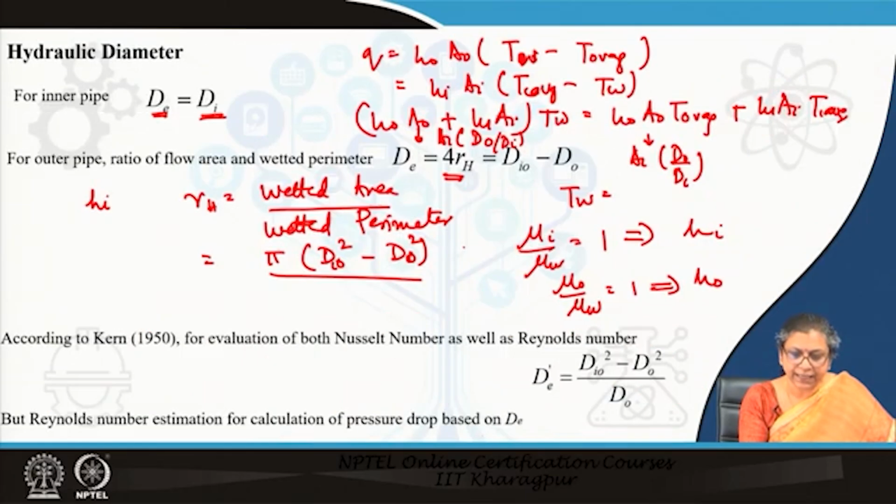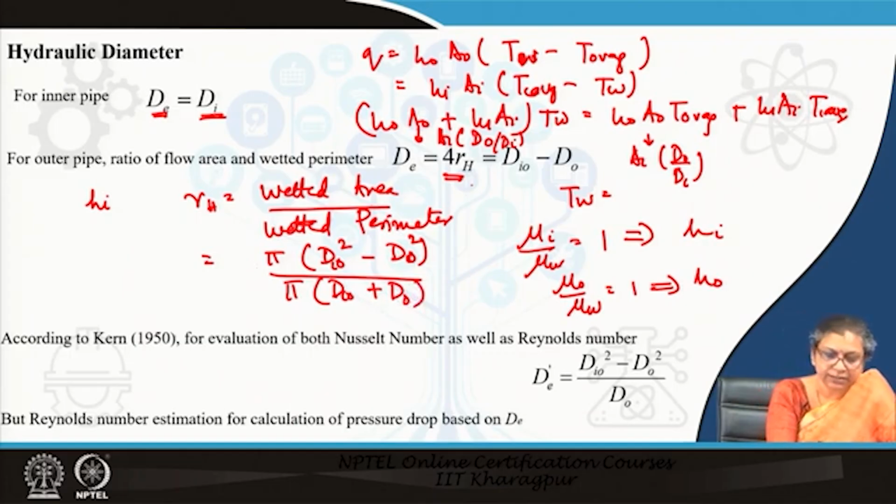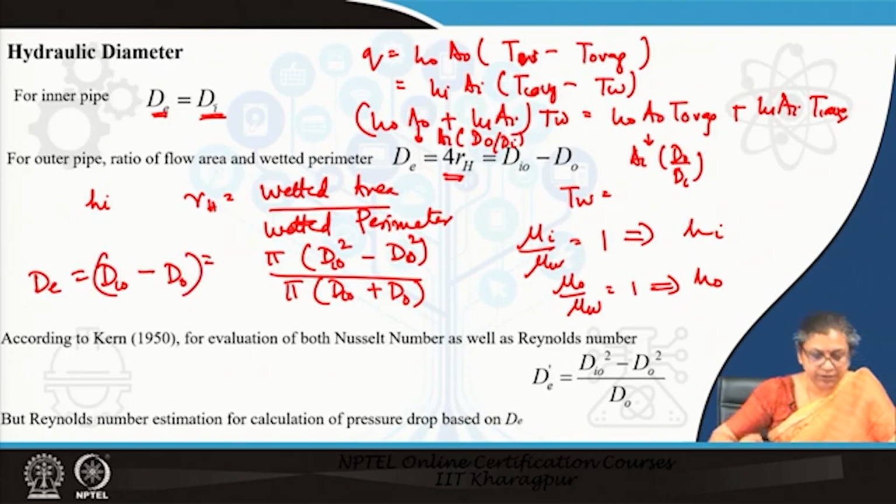So, therefore, in that particular case, this is going to be pi times DI plus DO, right. So, therefore, from there what do you get? You get that for the annular fluid, the dE is nothing but equal to DI minus DO. We can use this, and for the inner fluid you can use this.